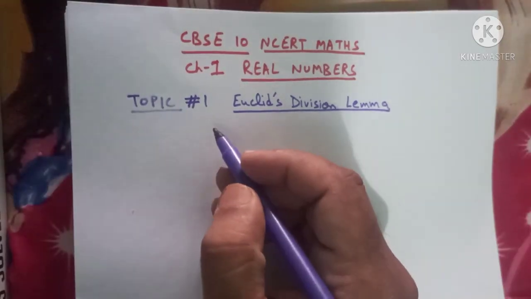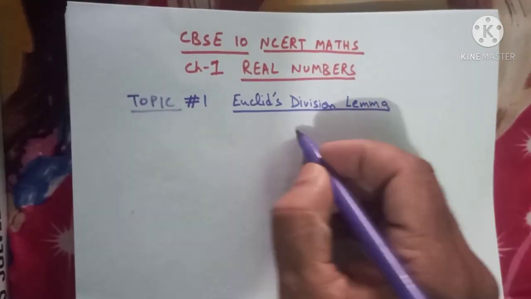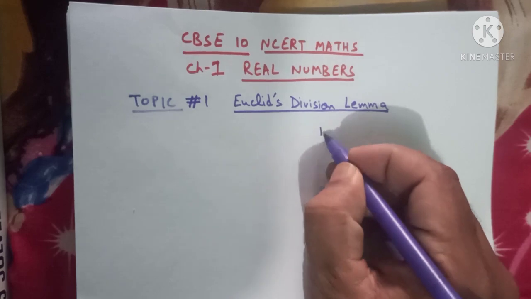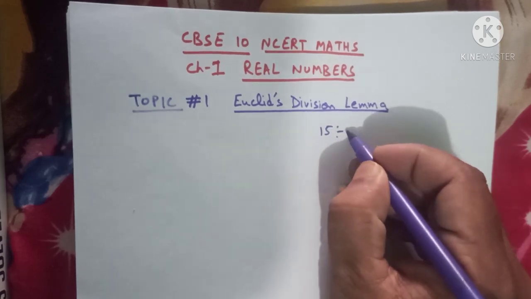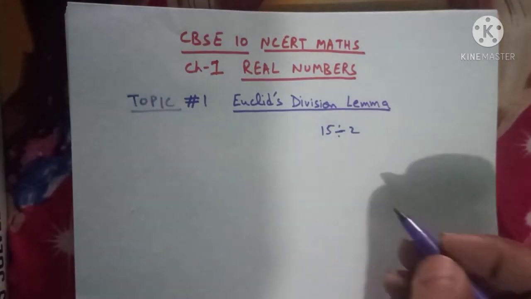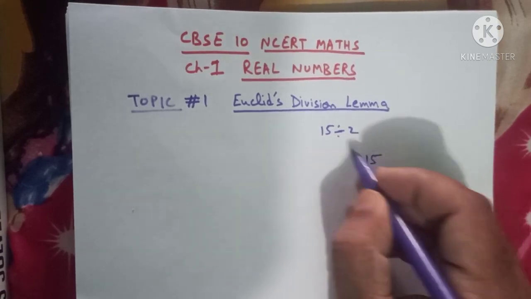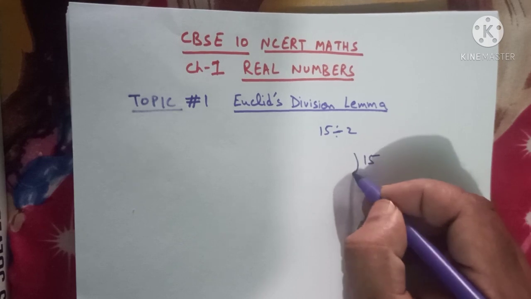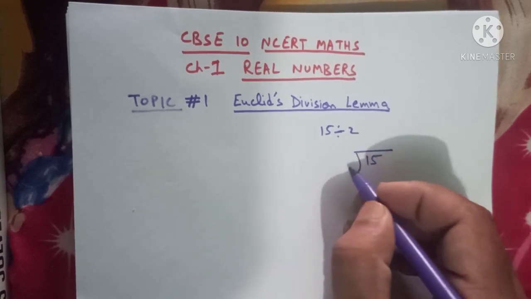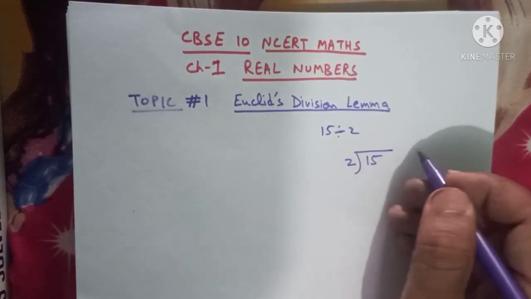For example, if we are dividing 15 by 2, the greater number 15 is the dividend and the smaller number 2 is the divisor.